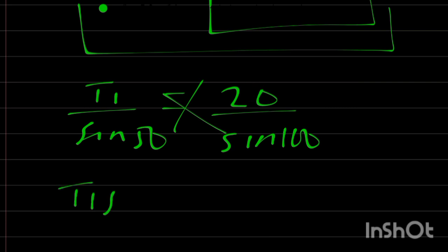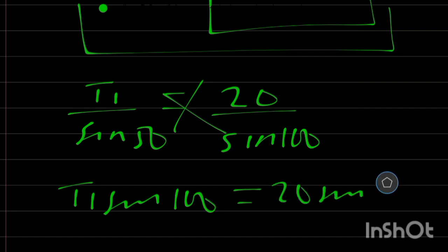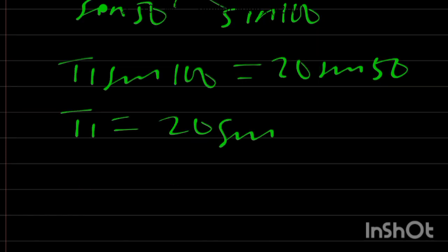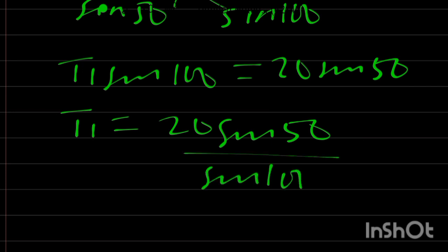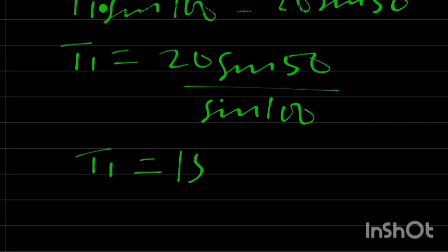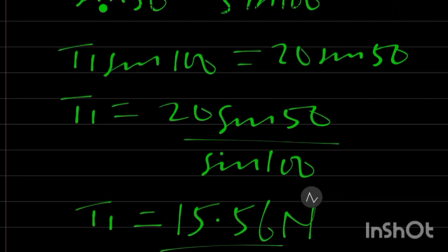Therefore, I have T1 sine 100, we are cross multiplying, is equal to 20 sine 50. Divide both sides by sine 100. I have T1 is equal to 20 sine 50 over sine 100. Therefore, my T1 is equal to 15.56 Newton.